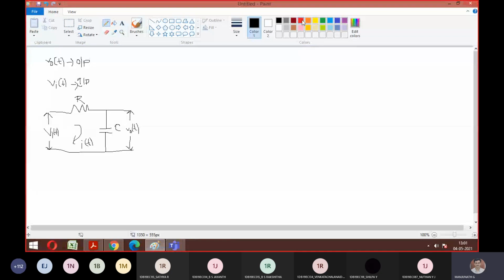So before that, everyone got what type of question you can expect. The system will be given like this, and they will ask you to calculate its transfer function. If there are more meshes or loops in the given electrical network, you need to reduce it to this form only.